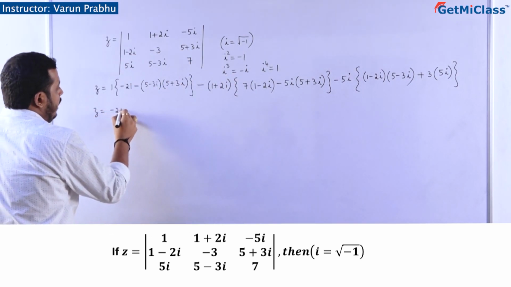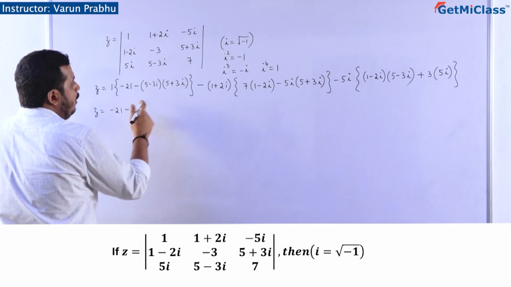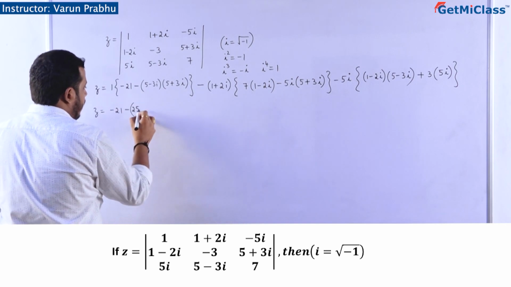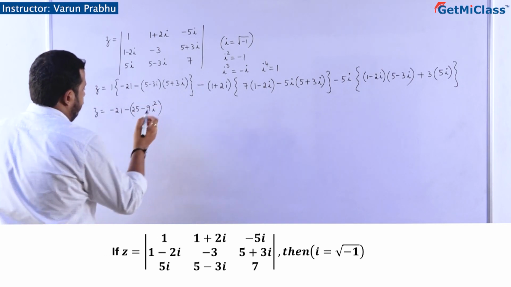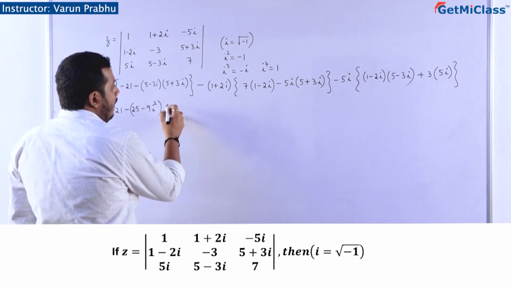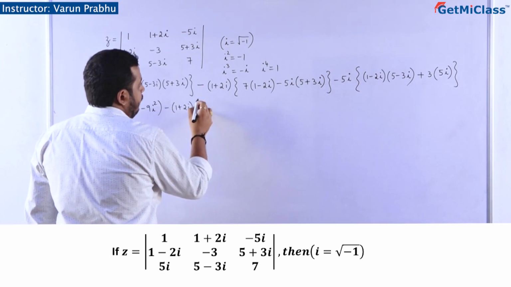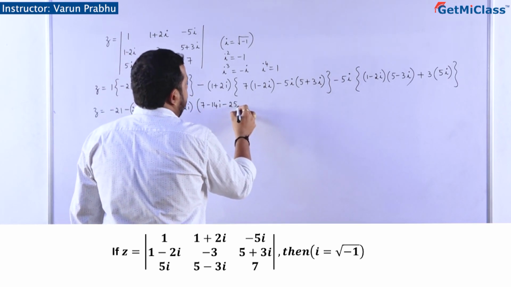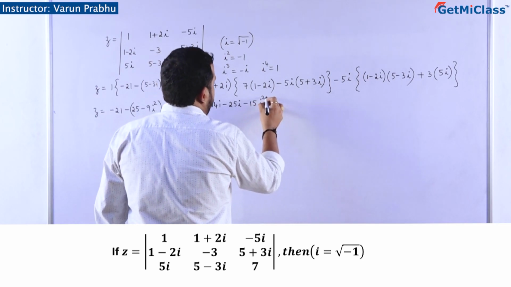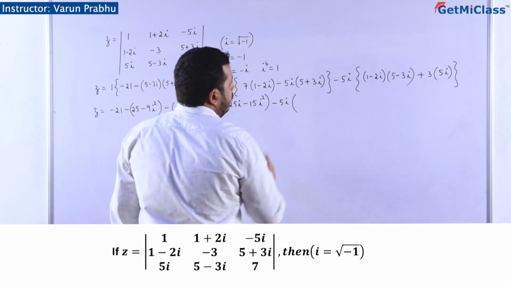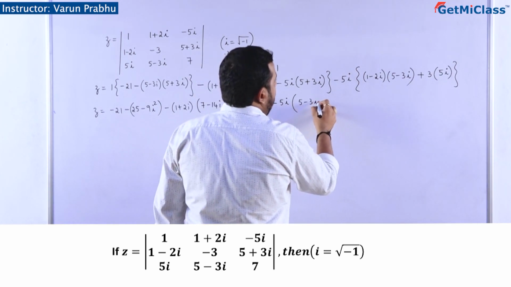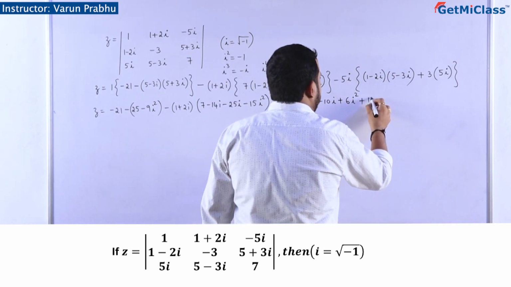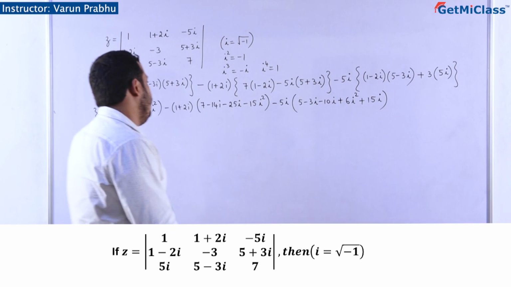Z is equal to minus 21 minus of a minus b into a plus b, which is nothing but a square minus b square, 25 minus 9i square, minus of 1 plus 2i, 7 minus 14i, minus 25i, minus 15i square, minus 5i into 5 minus 3i minus 10i plus 6i square plus 15i.